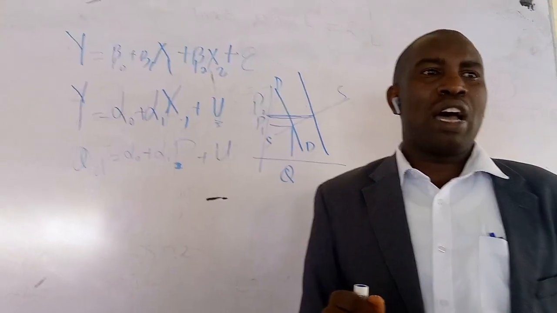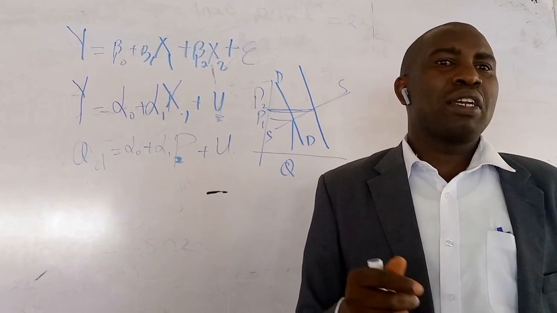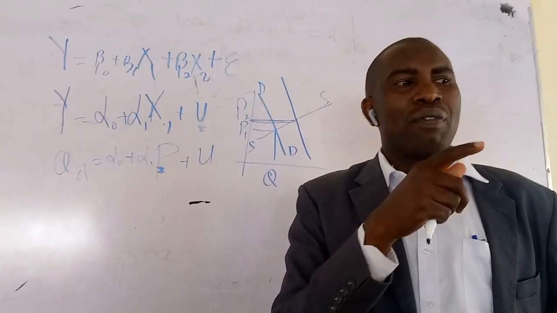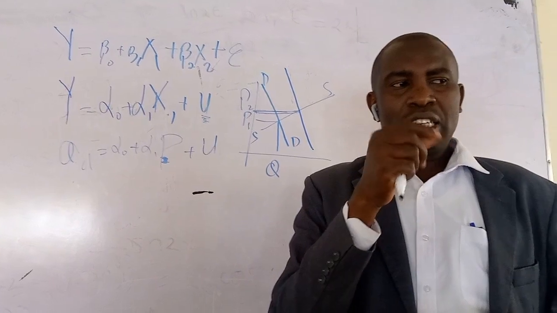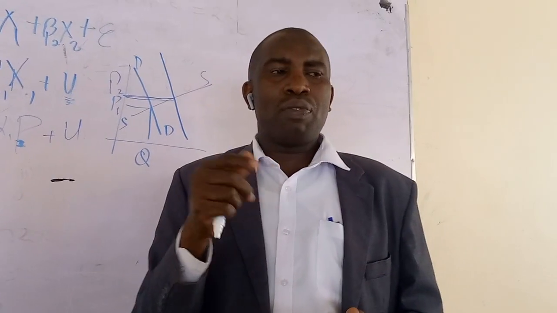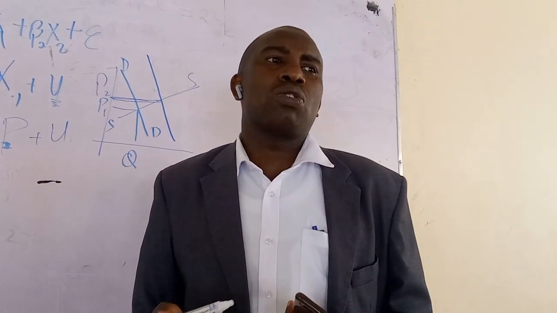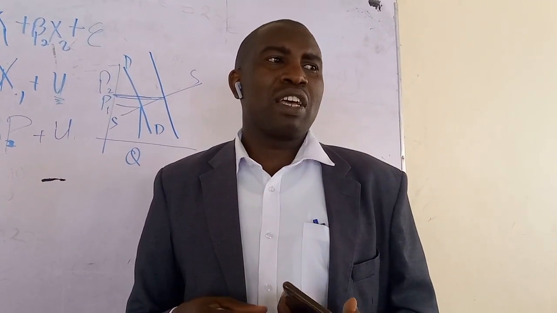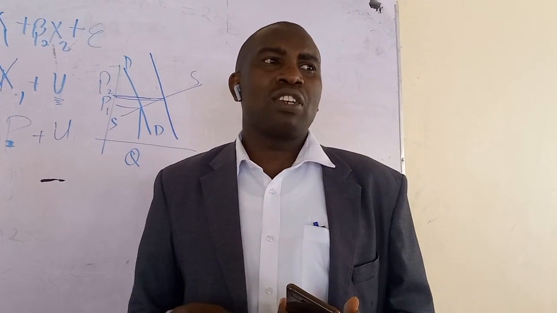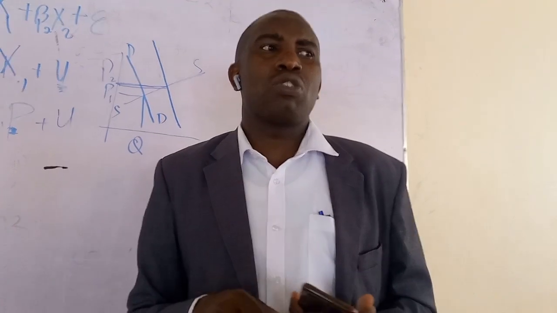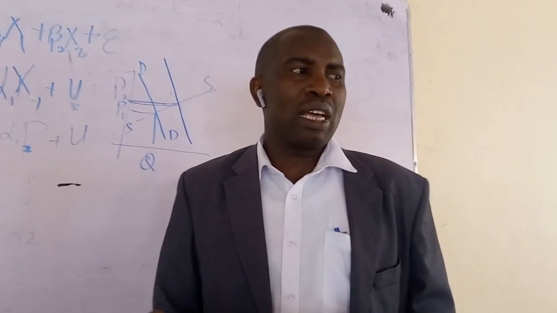And also, the last one is that the formula for calculating variance will be wrong. If the formula for calculating variance is wrong, then inference testing is wrong, because you will get a wrong t-value. And therefore, even the conclusion you make will also be wrong.